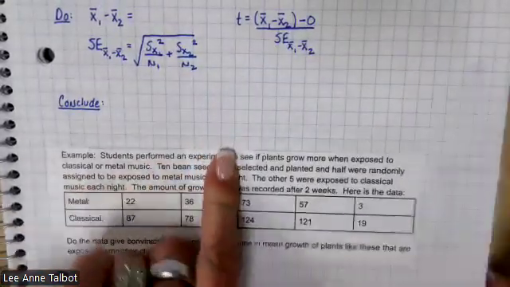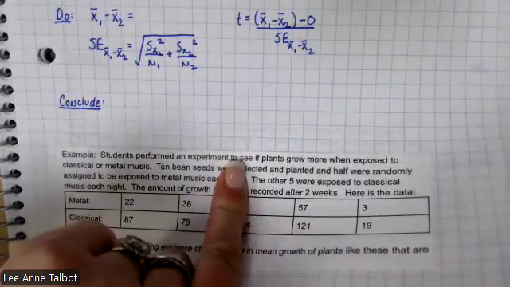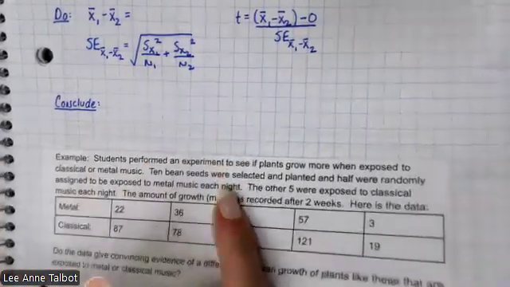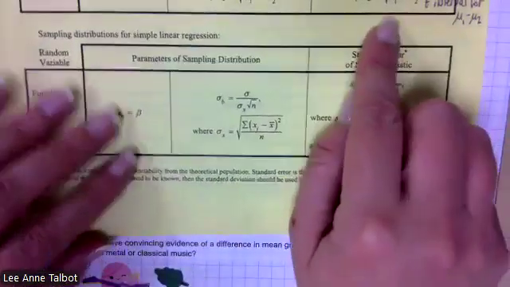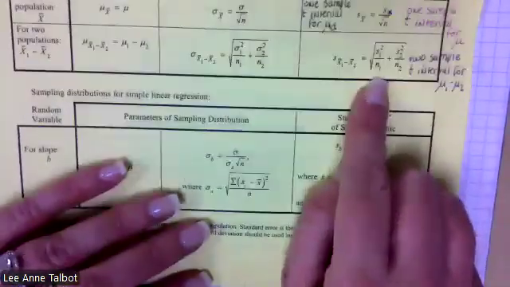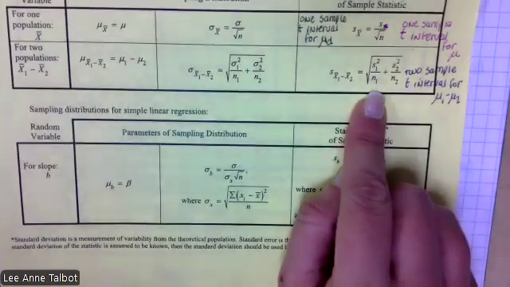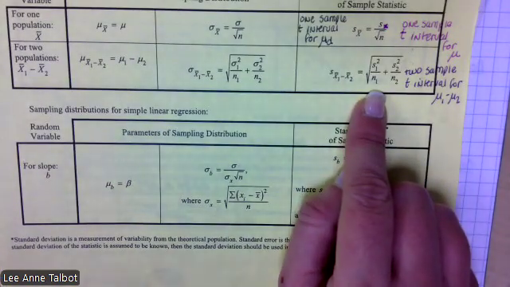Let's locate this on the yellow sheet. If I was taking the test, where could I find these things? Okay, so there's your standard error.